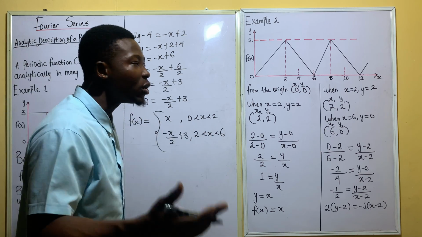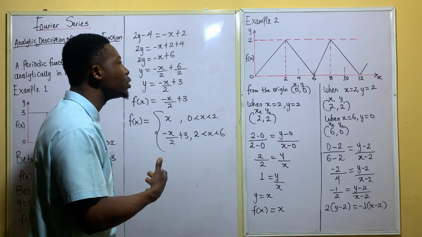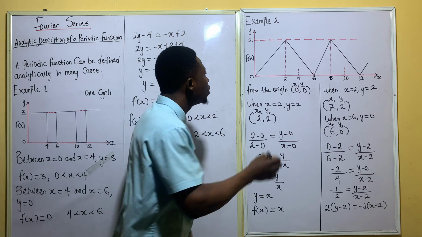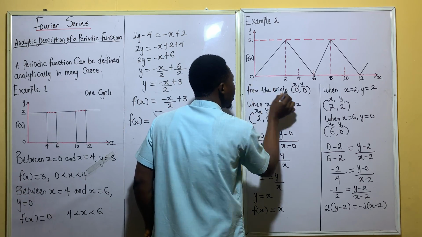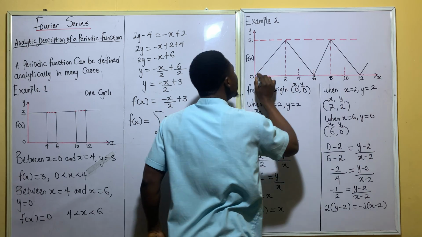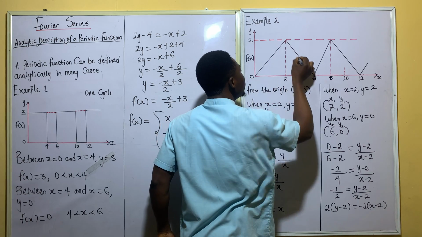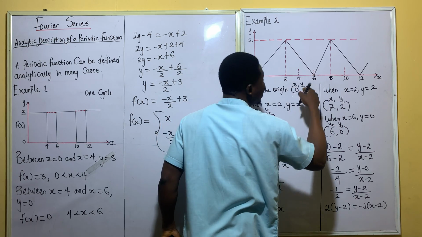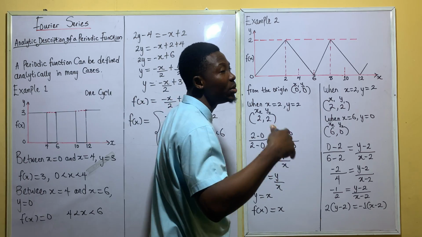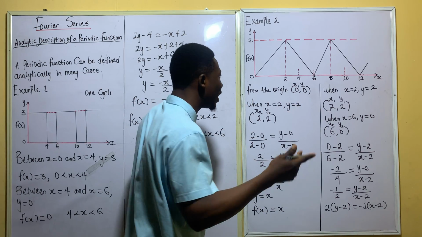Now, of course, we have to also put the information of the period. I said a period is one complete cycle. So it starts from the origin, like we said here, moves here, then moves here, and starts again like that. So how long does it take to complete this from here to here? It takes, let's say, 6 units, 6 seconds, or 6 whatever. It could be any units, seconds, milliseconds, like I said earlier.